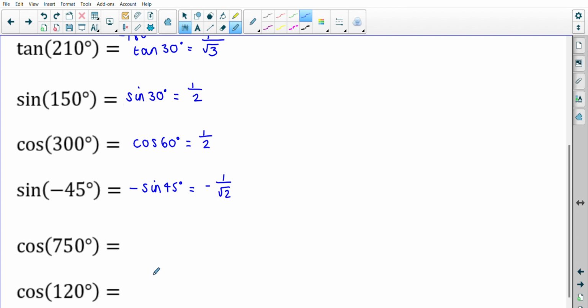But if I take two 360 degrees off, then I will have enough because I'll take off 720 degrees. So two 360s is 720. If I take that off, I get cos of 30 degrees. And I know that cos of 30 degrees is root 3 over 2.